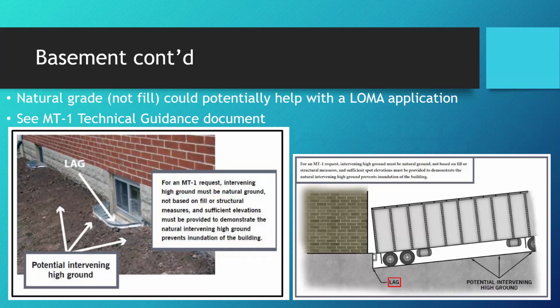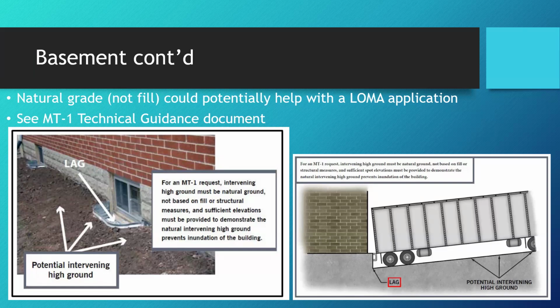There is a potential that you could get a LOMA application and take a building with a basement out of the floodplain, and that would help you solve your substantial improvement or substantial damage rules. So if that happens, you could have intervening higher grade that would prevent them from having to fill in the basement.